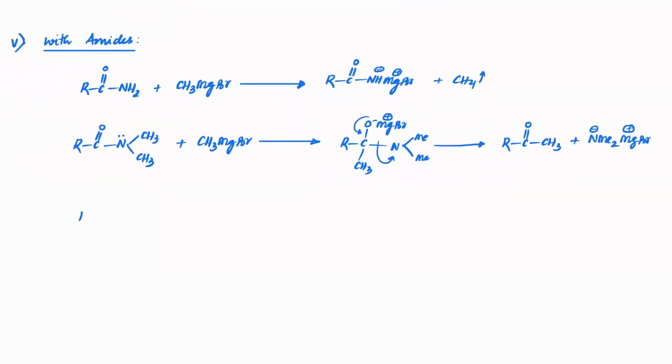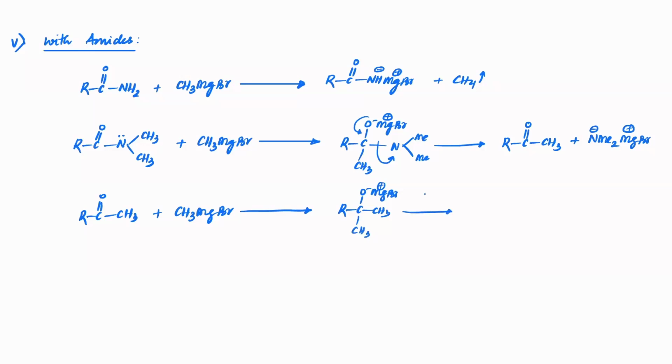And this ketone will further react with a second equivalent of CH3MgBr. So you will get the adduct O minus MgBr plus with CH3 and CH3.